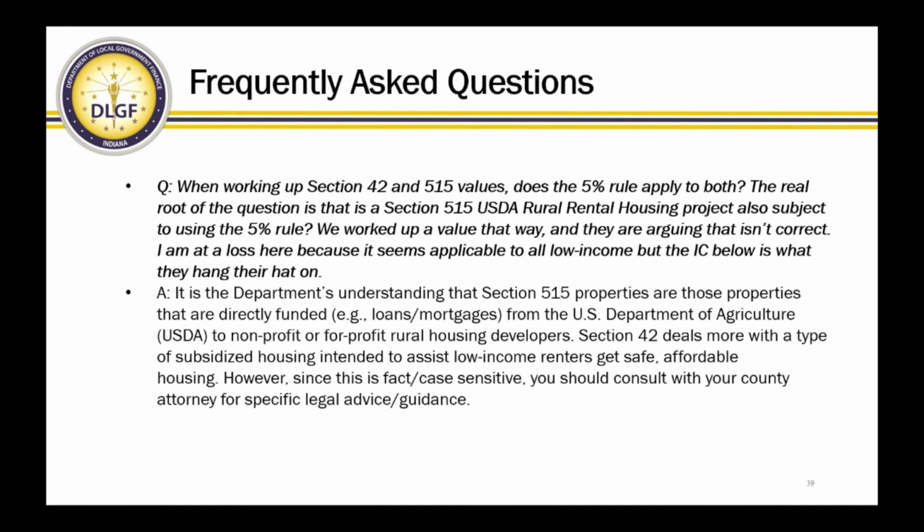I mentioned that Section 8 and Section 42 are the two primary low income housing programs available. There is a Section 515 program, and the Section 515 properties are those that are directly funded, say through loans or mortgages from the U.S. Department of Agriculture to nonprofit or for-profit rural housing developers.